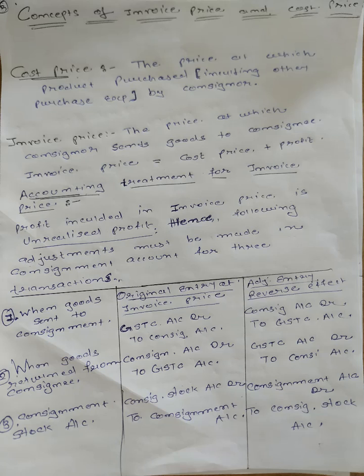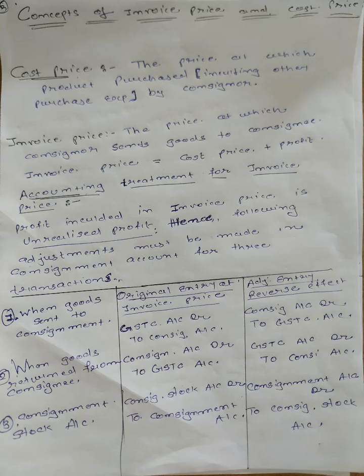The price which is higher than the cost price is the invoice price. As the name suggests, the price written on the invoice is the invoice price. Here we are talking about the invoice written by the consignor to the consignee.